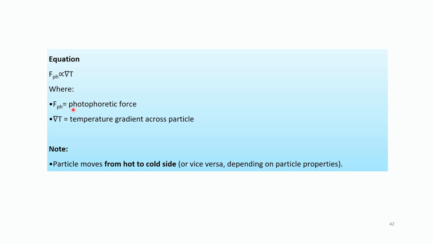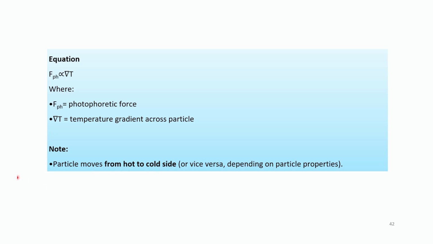So the more the temperature gradient across the particle, the more the photophoretic force, and the faster the movement of your bot. Your particle moves from hot to cold side, or vice versa, depending on the particle properties.